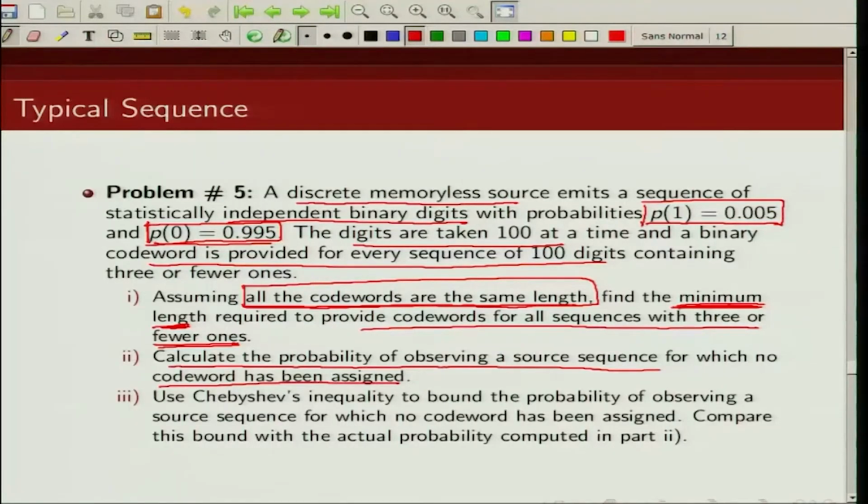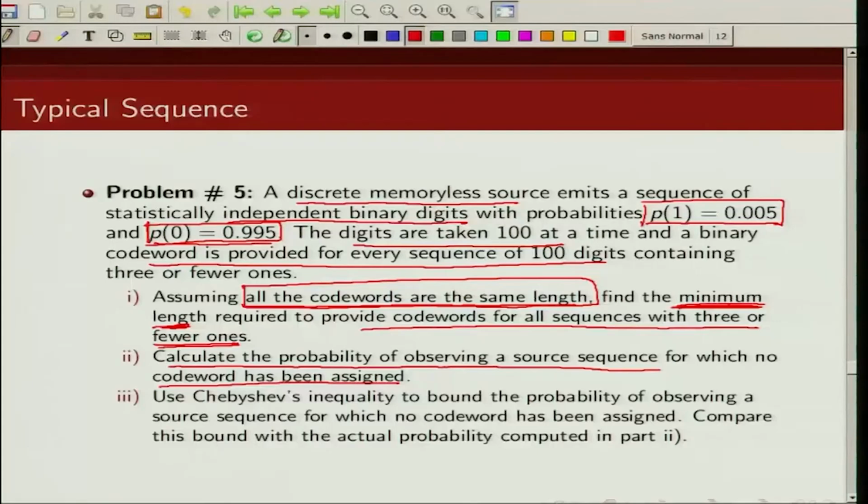Now when will no code word be assigned? When we get, among these 100 bits, 4 or more ones. In that case we are not assigning any code words. The second part of the question asks us to calculate this probability, and the third part says, use the Chebyshev inequality to bound the probability of observing a source sequence for which no code word has been assigned.